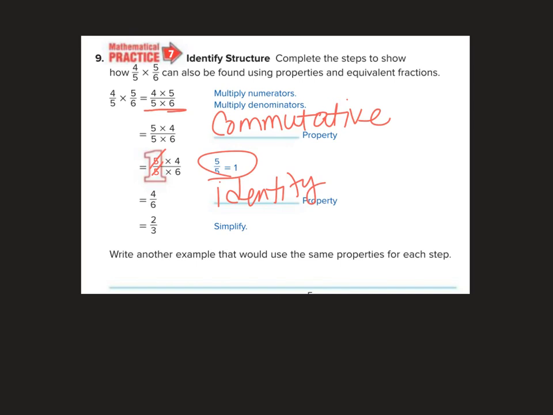Okay, and then we're going to simplify where we're dividing them both by 2. Yeah, that must be what it is. 5 divided by 5 equals 1. Any number divided by itself equals 1. So identity property. Then we can simplify.